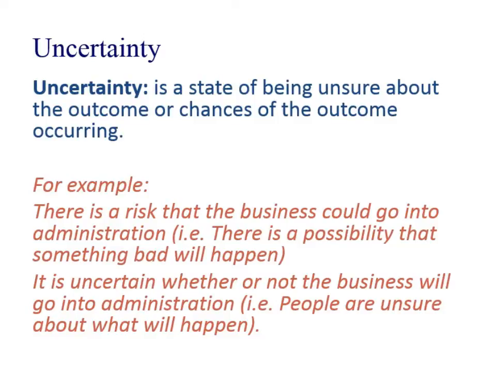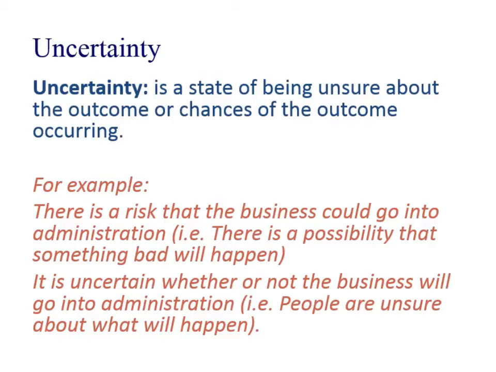Uncertainty is the state of being unsure about the outcome. So with risk, sometimes it's quite quantifiable. There might be a 50% chance that this terrible thing could occur, and I suppose you're uncertain whether it will occur or not, but the uncertainty can also come from unquantifiable risks as well, where you're not too sure whether it will occur or not, and you might not be sure about what the outcome would be.